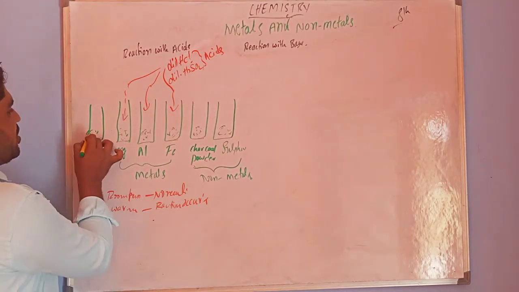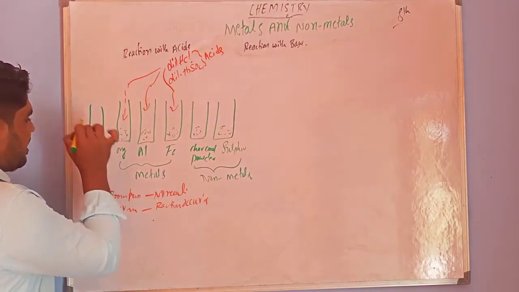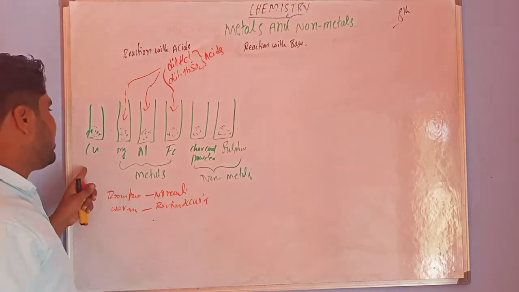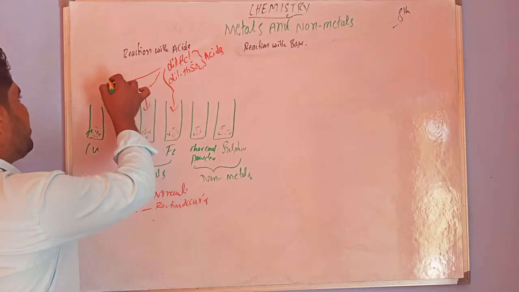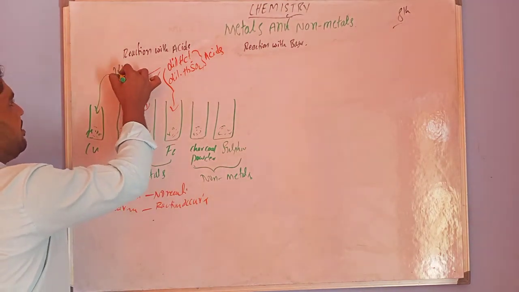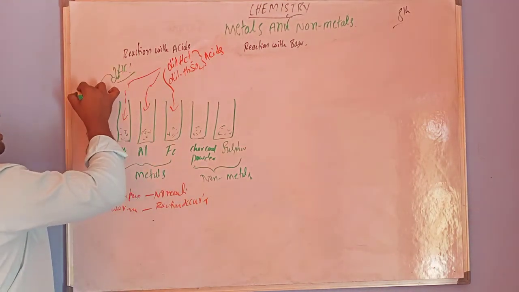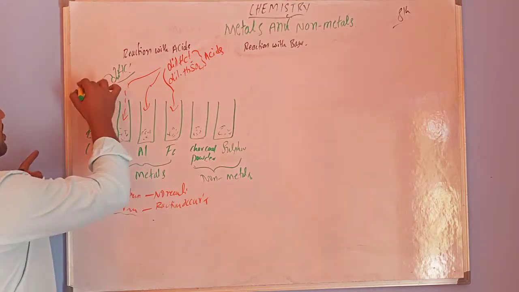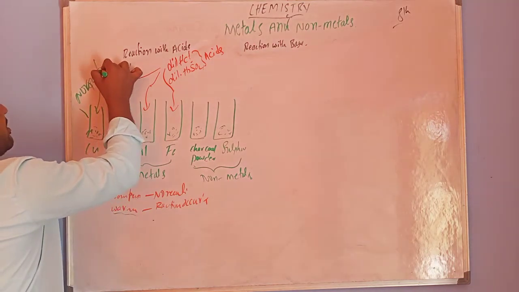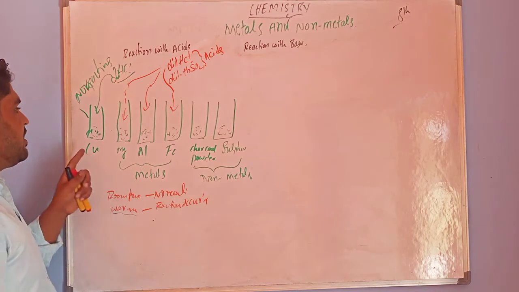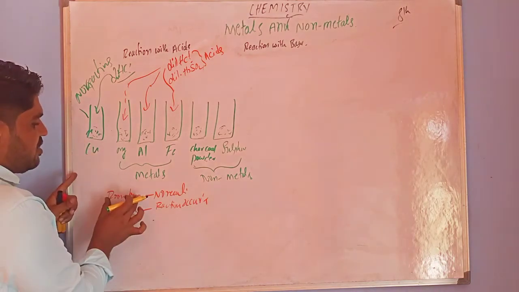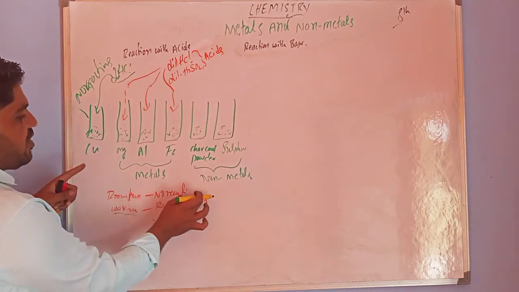In this test tube, I am taking copper, Cu. This is also a metal, right? For this, I am going to add dilute HCl. There is no reaction even at warm condition. In cold or room temperature also, no reaction.